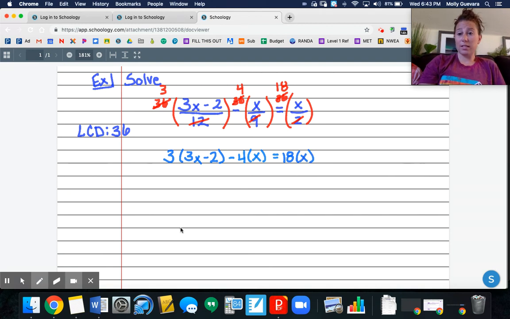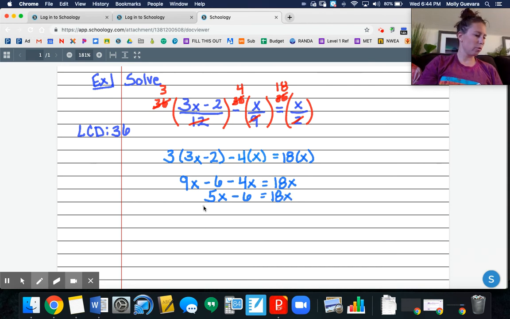And again, this is something that I know how to solve now, right? So 3 times 3x is 9x. 3 times negative 2 is negative 6. Minus 4x equals 18x. I'm going to combine my like terms. 9x minus 4x is 5x minus 6 equals 18x. Now I'm going to get all my x's onto one side.